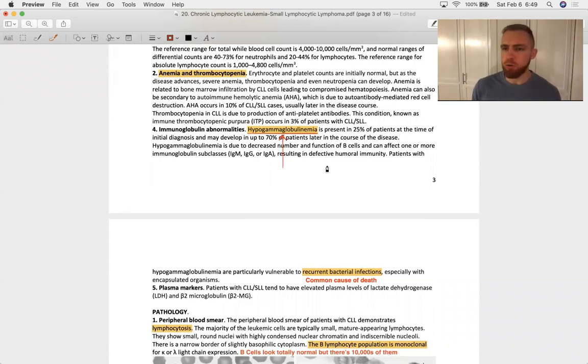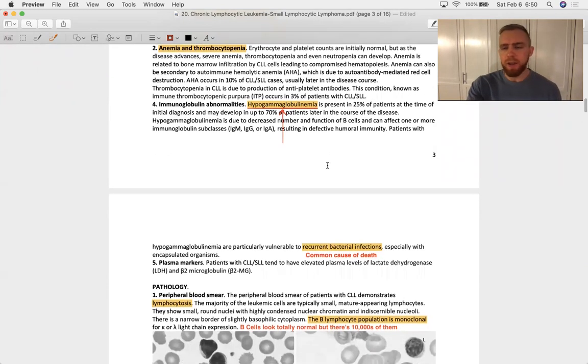And in fact, that's the most common cause of death in patients with CLL, is the fact that they catch something like Pseudomonas or strep, or maybe a staph infection, and they're just lacking the antibodies to fight off the disease. And the reason they lack the antibodies is because, again, there's this B cell cancer that's taking up space in the bone marrow, preventing you from making normal functional B cells.